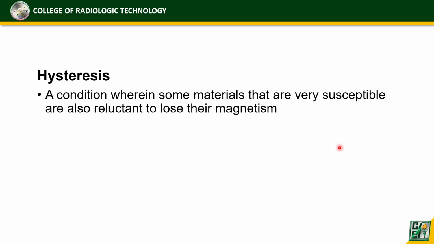transformer. Pero dito sa magnetism, siya daw ay isang condition na kung saan yung ibang materials na very susceptible, ibig sabihin na highly susceptible, ay nagkakaroon ng decrease sa kanilang magnetic property.